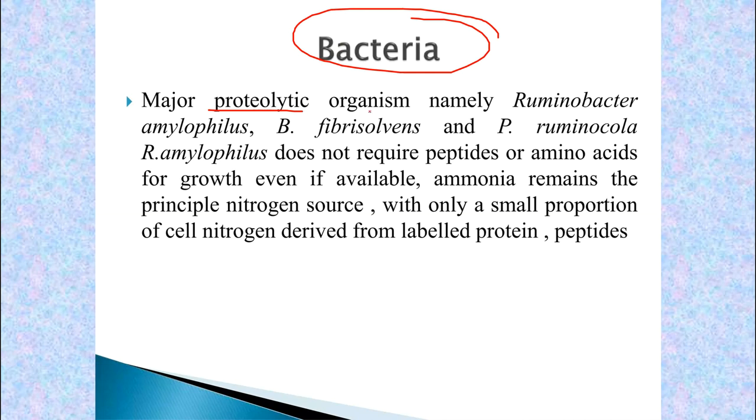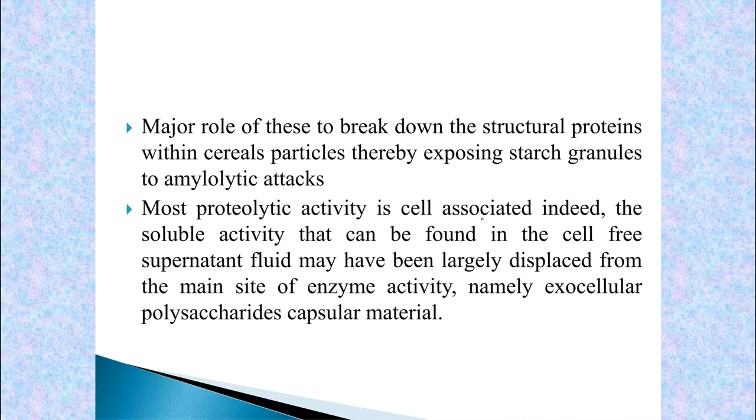The proteolytic organisms are Ruminobacter amylophilus and many more, and these do not require peptides or amino acids for growth even when available. Ammonia remains the principal nitrogen source. So non-proteinous nitrogen is enough, along with peptidases.